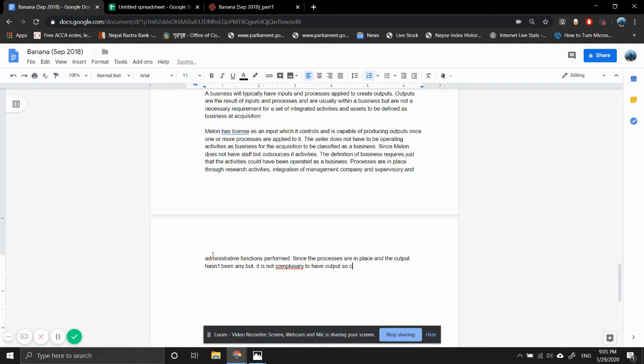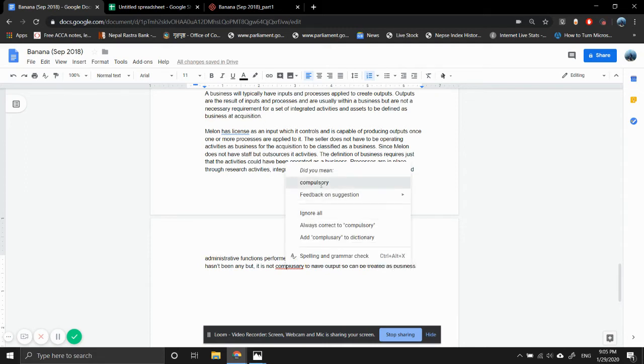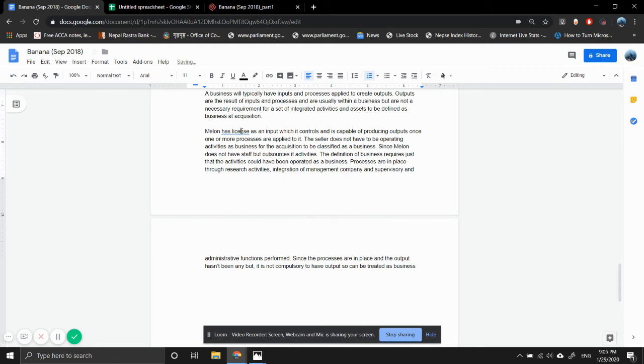So it can be treated as a business because it's not compulsory, and then the processes are already in place for operating it, right?